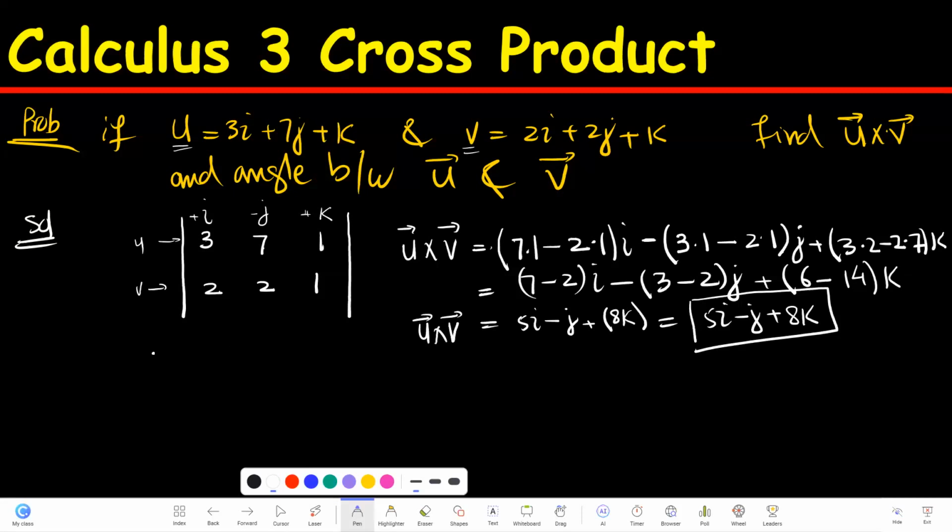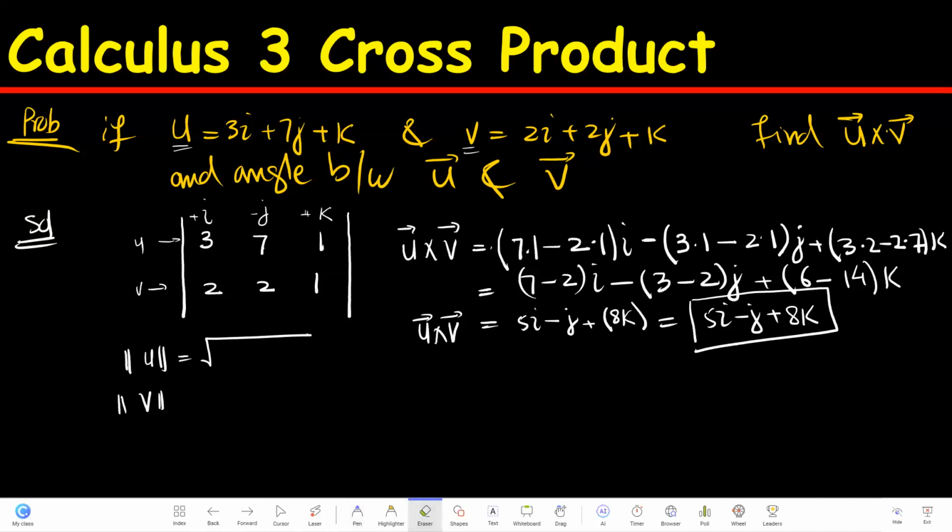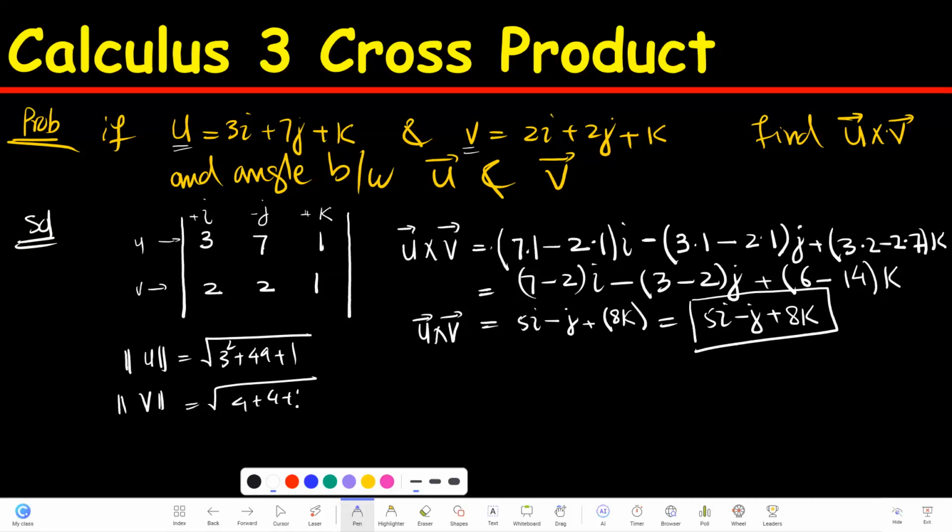Am I done with the problem? Not really. I need to find u magnitude and then v magnitude. So u magnitude is going to be 3 squared, just writing step by step, 3 squared plus 49 plus 1. And v is going to be 4 plus 4 plus 1.